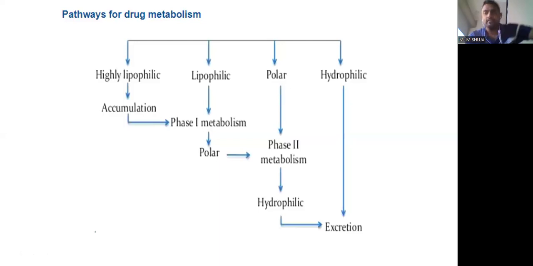It is again the easiest way of understanding. If the drug is highly lipophilic, that is, lipid soluble, it gets accumulated in the cell and undergoes phase 1 metabolism, becomes polar, then undergoes phase 2 and becomes water soluble, then is excreted.